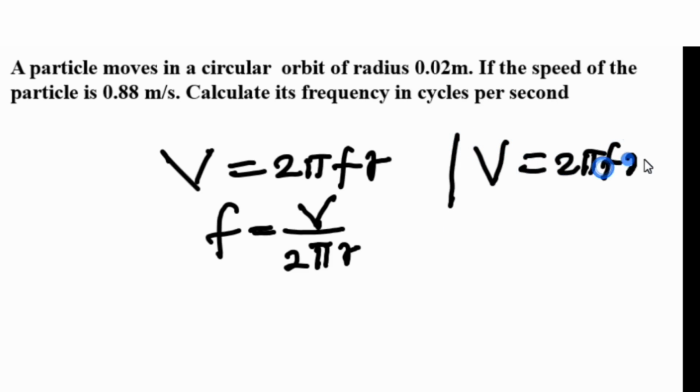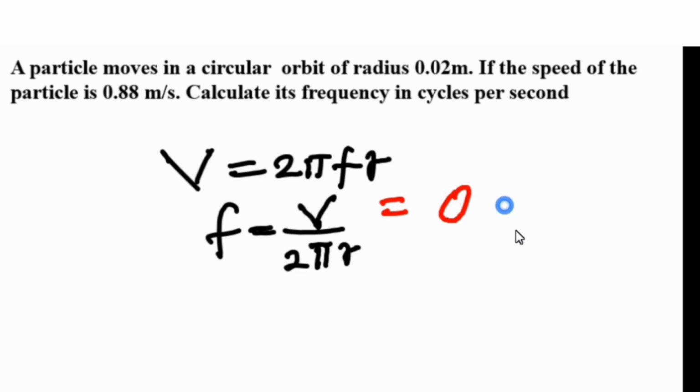How did we go about it? We know that v equals 2 pi f r. So making f the subject of the formula, you divide both sides by 2 pi r, so that when this cancels, we are left with f, and f is v upon 2 pi r. That's fine.